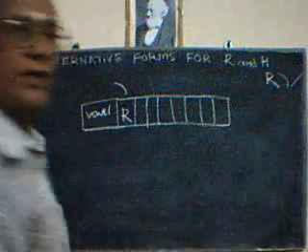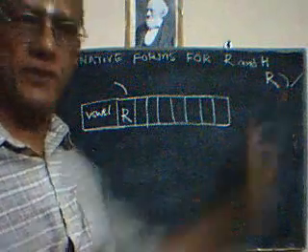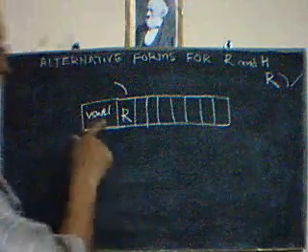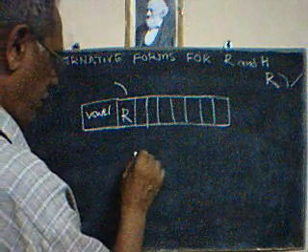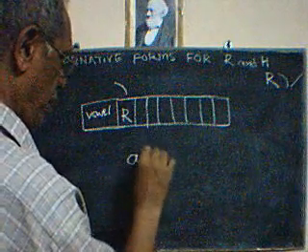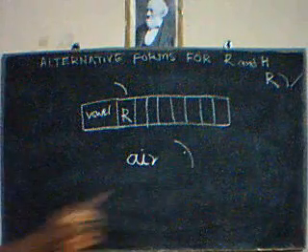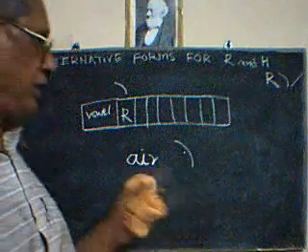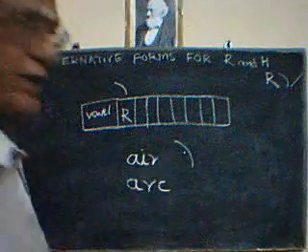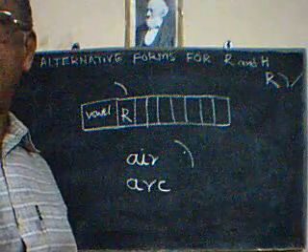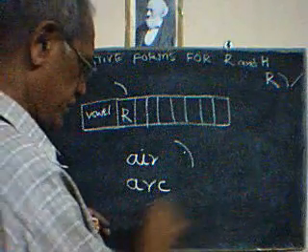If a vowel precedes, for example, air. In this word, R is the first consonant. Another example, arc. Here there are two consonants.